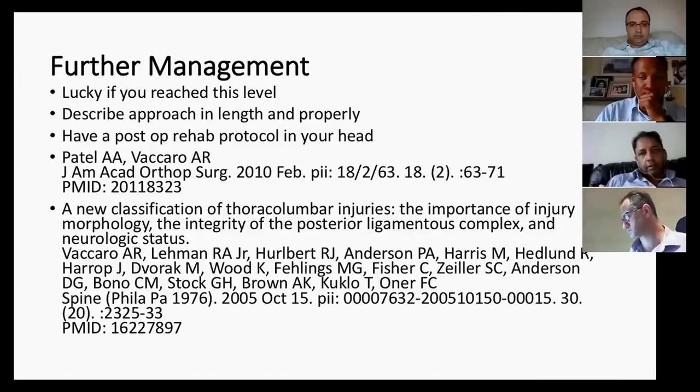Don't just start rattling the approach out. Tell the steps: WHO checklist, patient positioning, image intensifier, your position, images in front of you, and all the rest of it. You know that. And have a post-op protocol in your head, as to what sort of rehab protocol you will use following this sort of extensive surgery.